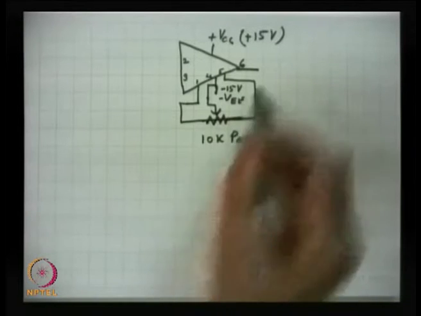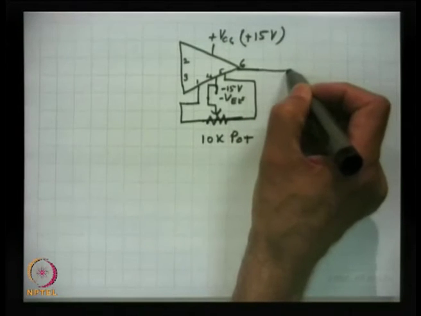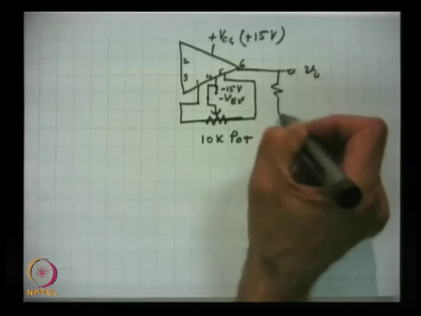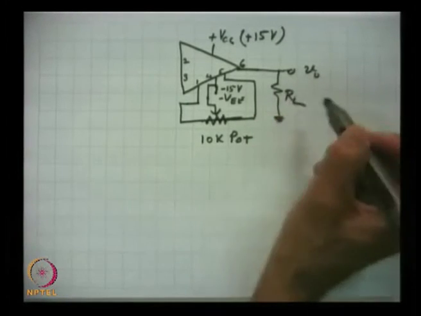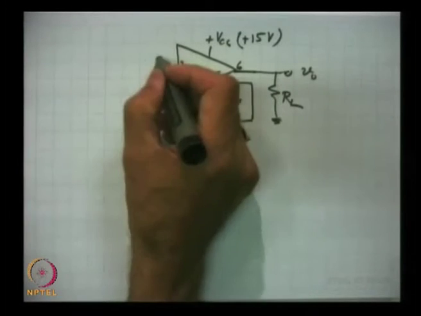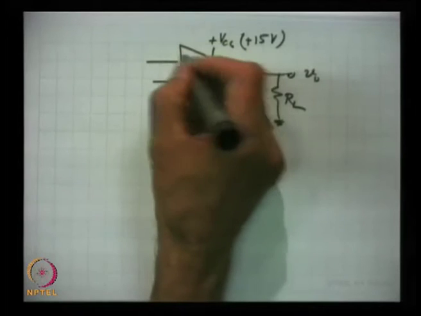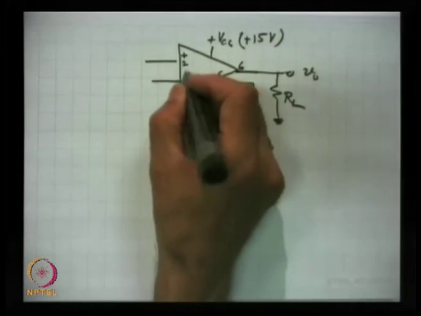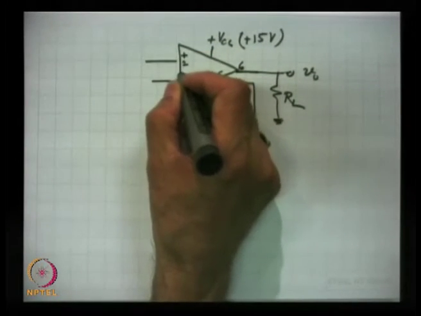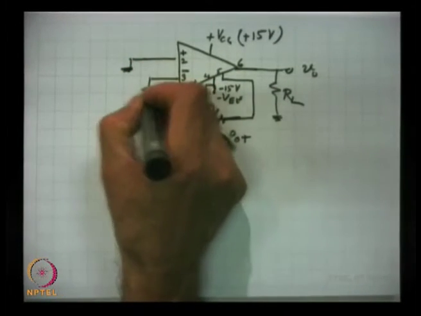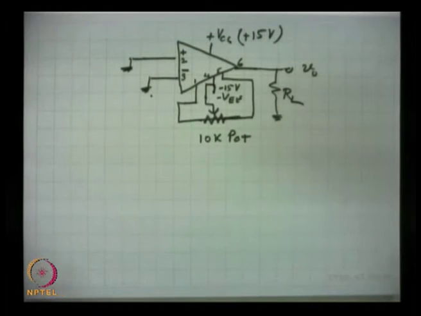So, here we make measurement of the output V0 across a load of few kiloohms, and both inputs, the non-inverting and inverting, are grounded. So, what do we do?